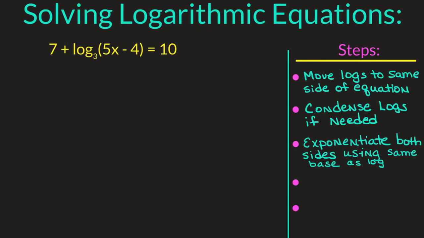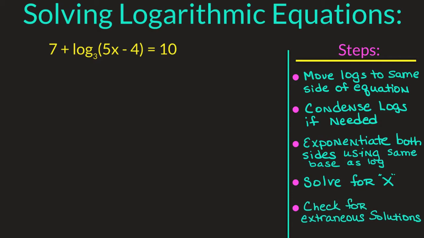And then you're going to solve for x. Then you're going to check for extraneous solutions, which means if I plug my solution into my original equation, will the log of that value be negative? And if so, you have to remember that you cannot take the log of a negative number, meaning that it would not be a valid solution.